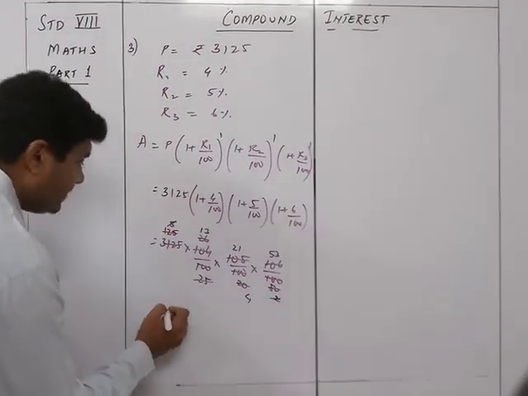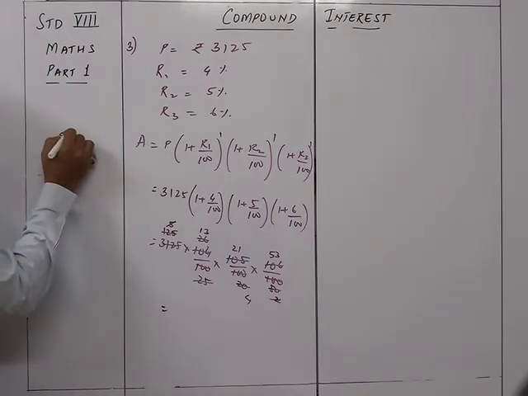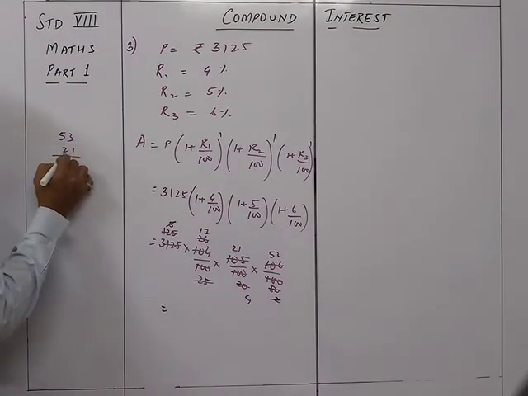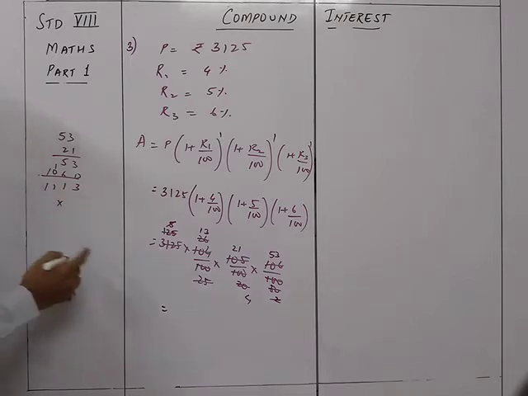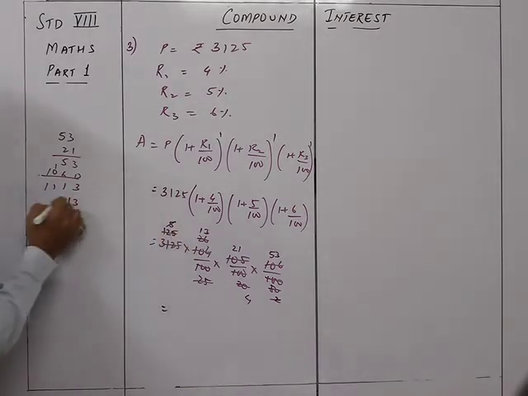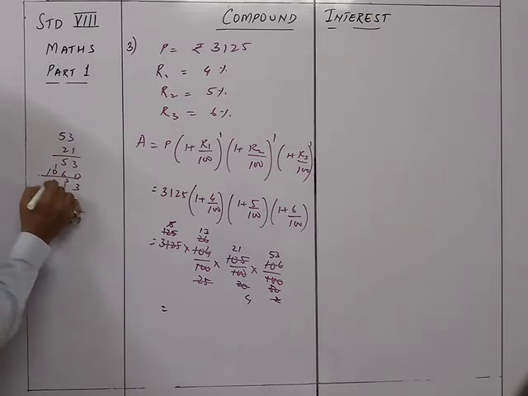So that will give you 53 into 21, which is 1113, into 13. 13 3s are 39, and so on.